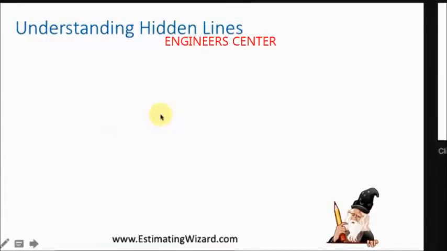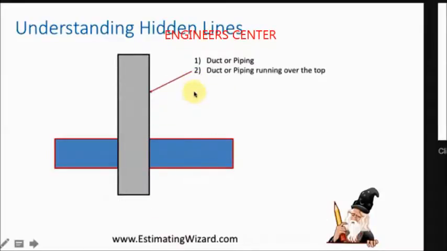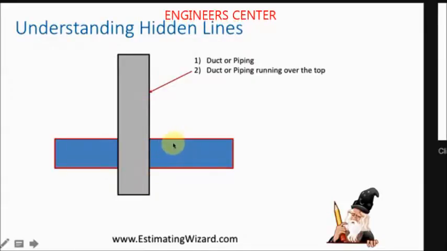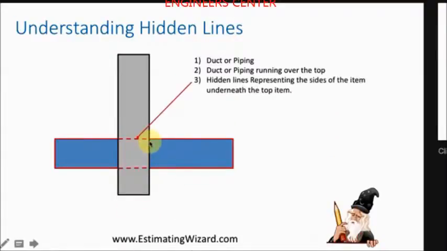Now, to determine that, when these two cross, you can see that this one is on top because this line is gone. This is underneath. And the way you know that is you can see these lines are now dotted, which continues this piece. So the piece that has the dots on it is the piece that's underneath.